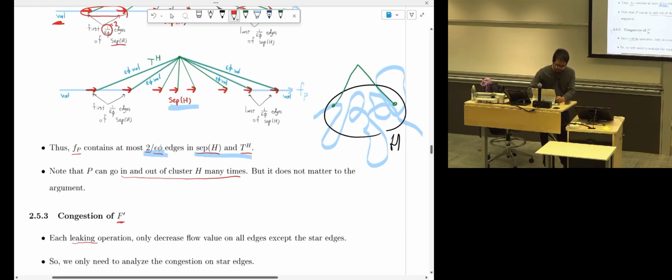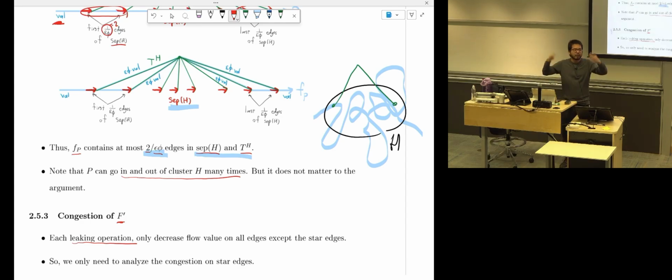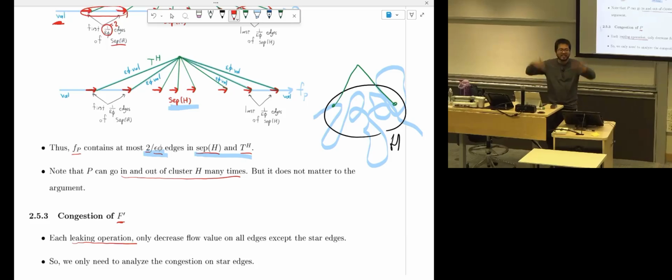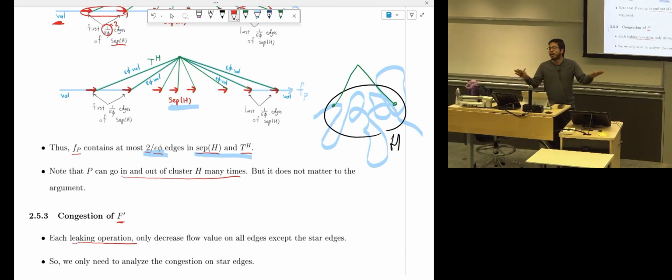You see that every time I make a leaking operation, it only reduces the flow value on every original edge. I only increase the flow value on the star. So the congestion on the original edges will remain 1. We don't need to care about that. We just need to analyze the congestion on the star edges.